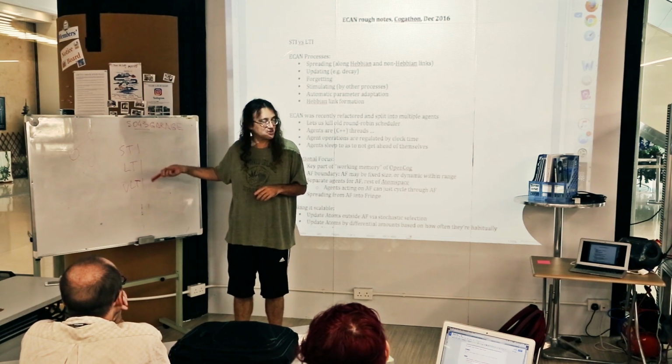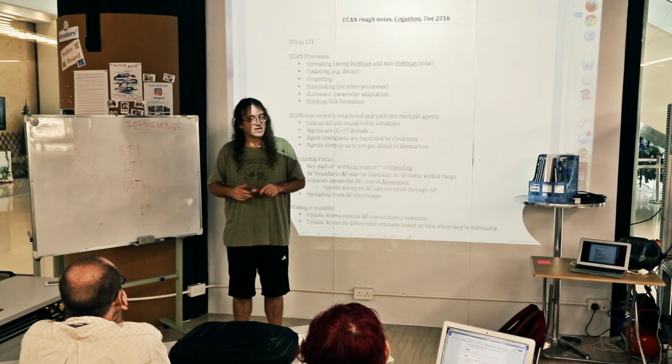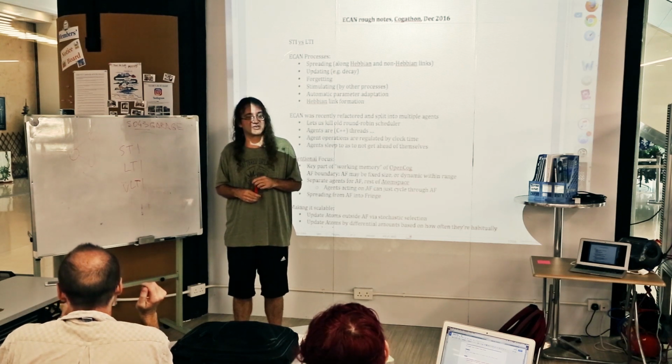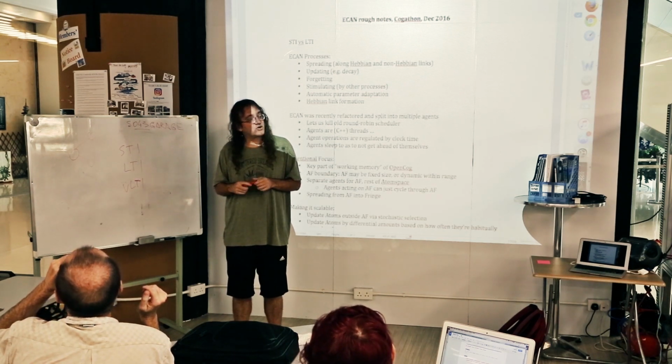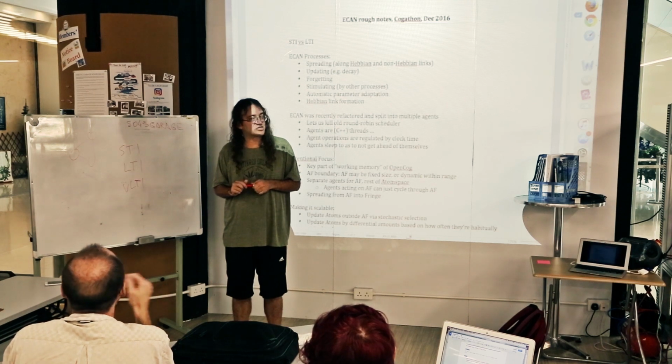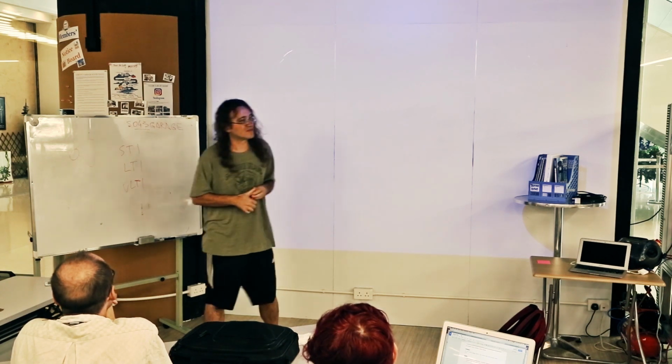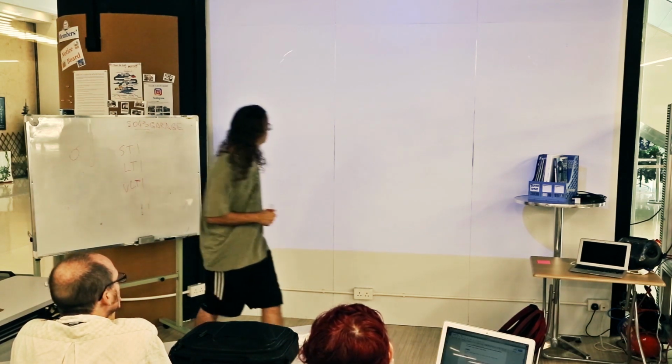So having two numbers is a simplification, and that's not quite unique to OpenCog. I've seen, like, Sam Adams' cognitive architecture, Joshua Blue, has two numbers like that, and some others probably do also.